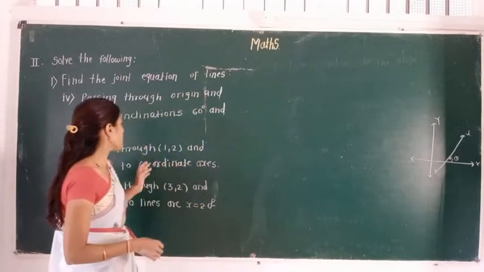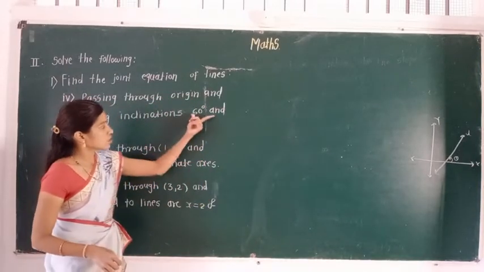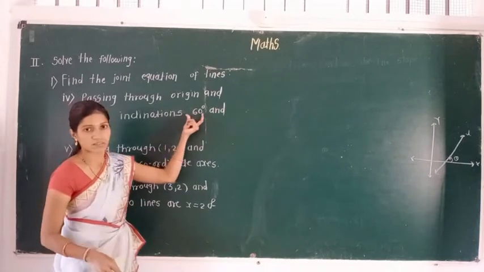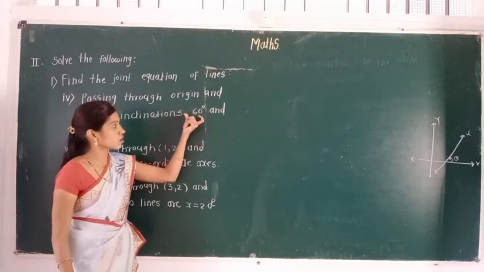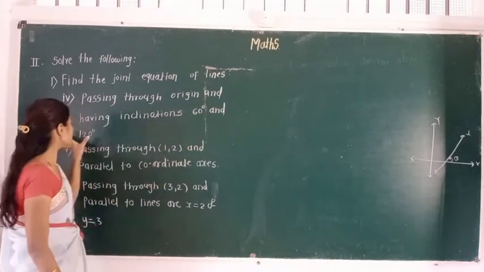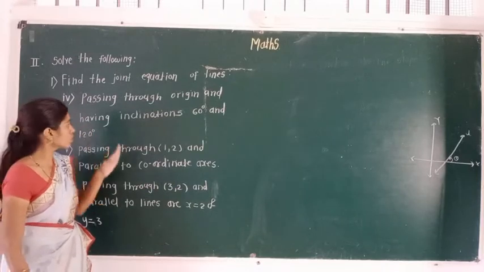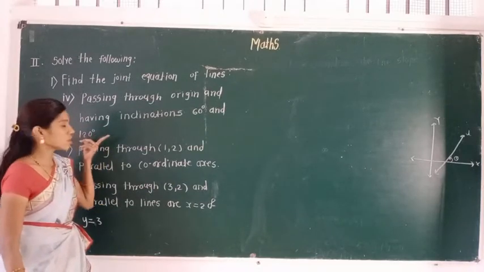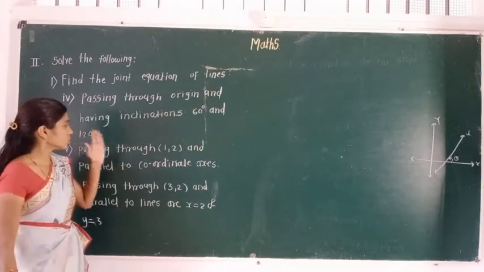So we are given the inclinations of two lines. The first line is 60 degree, so take it as theta 1. The second line's inclination is 120 degree, and we take the inclination of the second line as theta 2.